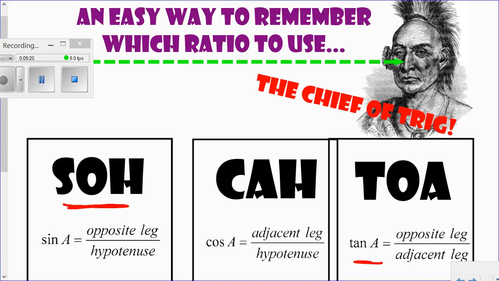So is the first part of his name, and notice how it's spelled, S-O-H, S for sine. O and H are for opposite and hypotenuse. Remember, in the triangle, we put a capital L and a capital H. So sine, if you remember Sohcahtoa, so is opposite over hypotenuse. Sine is opposite over hypotenuse. Ka stands for cosine, the C at least, and the A and the H tell you in order.